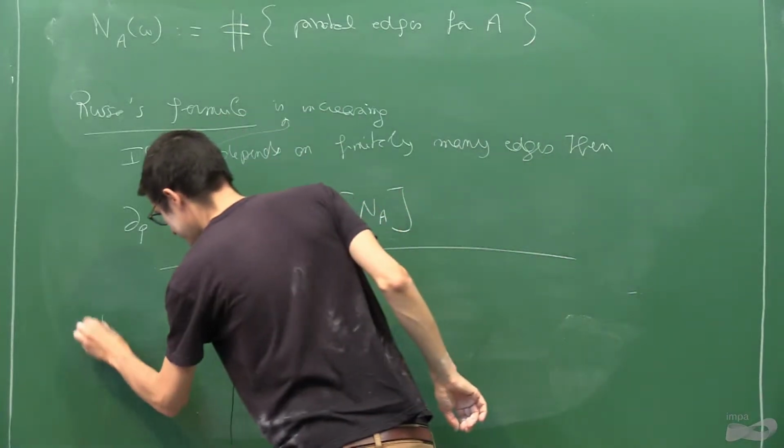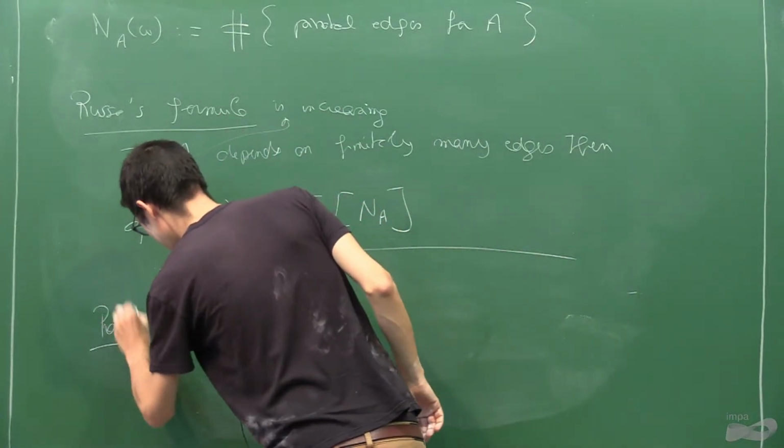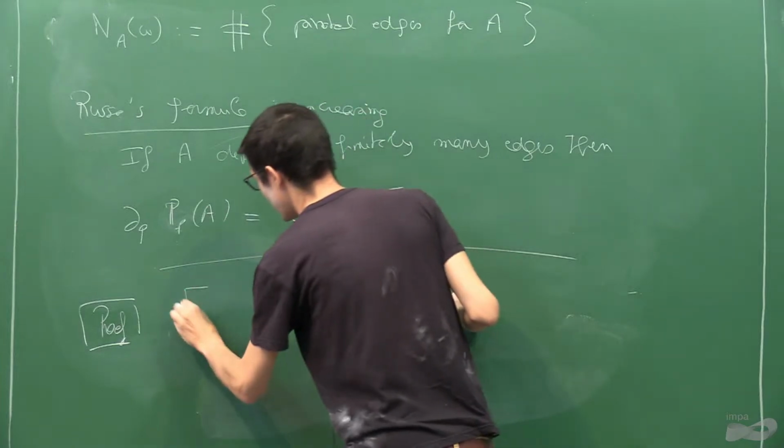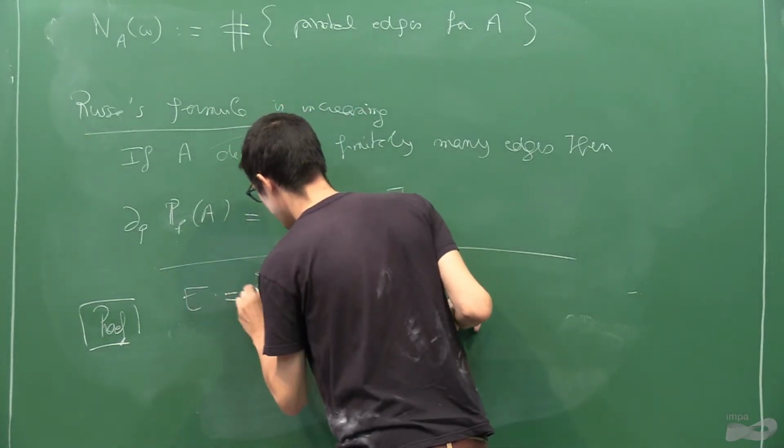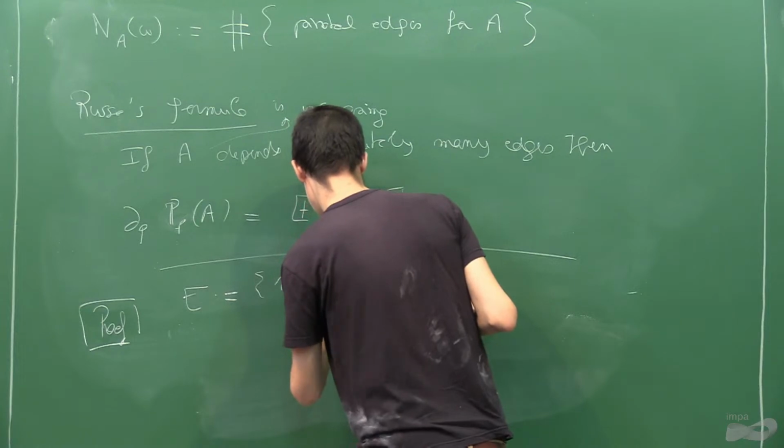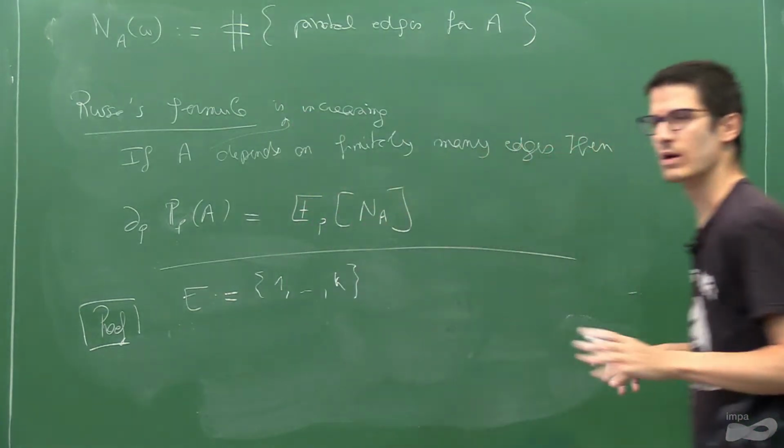So I replace E by just the set {1, ..., k}.